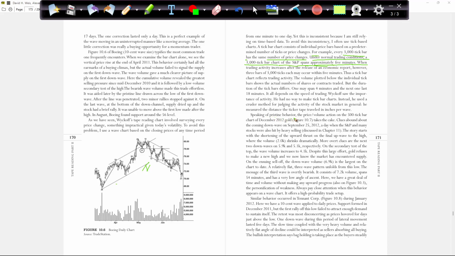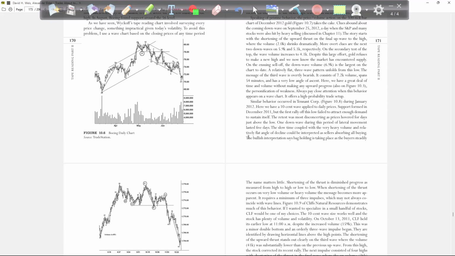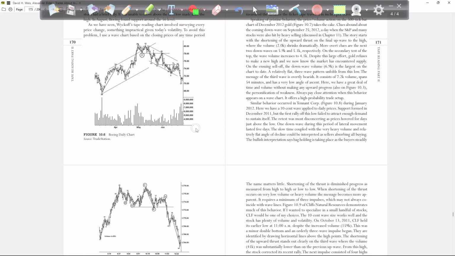Speaking of pristine behavior, the price volume action on the 5000 tick bar chart of December 2012 gold, Figure 10.7, here takes the cake. Clues abound about the coming down wave on September 25th, 2012, a day when the S&P and many stocks were also hit by heavy selling, discussed in Chapter 11.